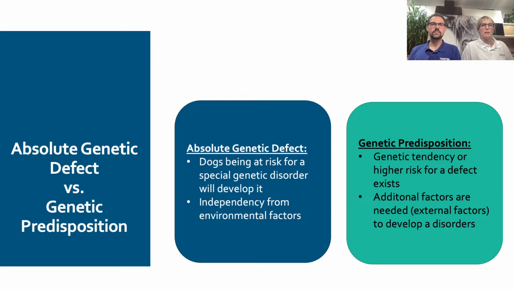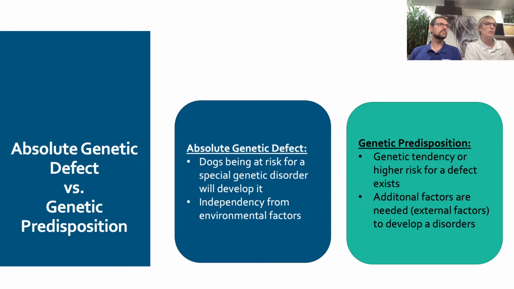That means a dog is at risk for a specific genetic disorder, and independently from other factors, the dog will develop this disorder, even if he reaches a certain age. This is very clear, and in a lot of cases we can test these risks and say very clearly whether the dog will suffer from a genetic disorder or not.